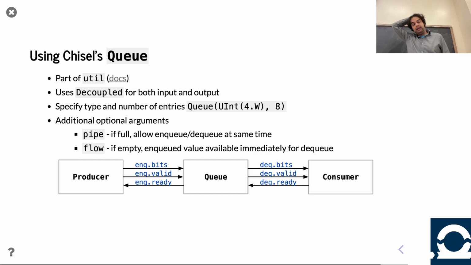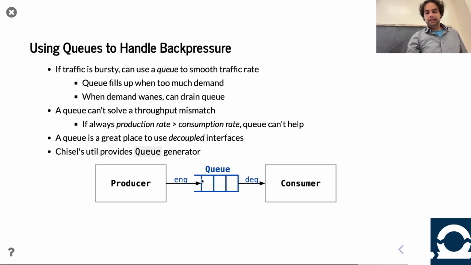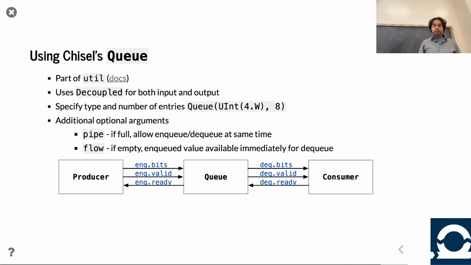There's also a flow parameter, which is another optimization. If I have an empty queue, it would be really annoying when trying to send data from producer to consumer. The queue is empty, but the queue adds a one cycle latency, right? The data gets written into the queue in one cycle, and in the next cycle it gets dequeued from the queue. So it's enqueue and then dequeue into an empty queue. That's adding a cycle of latency. With the flow parameter, we put a bypass internal to the queue.